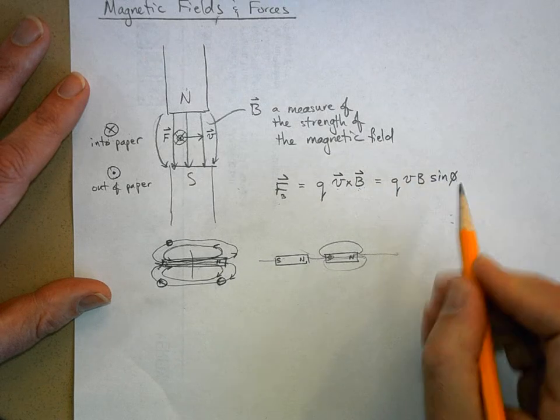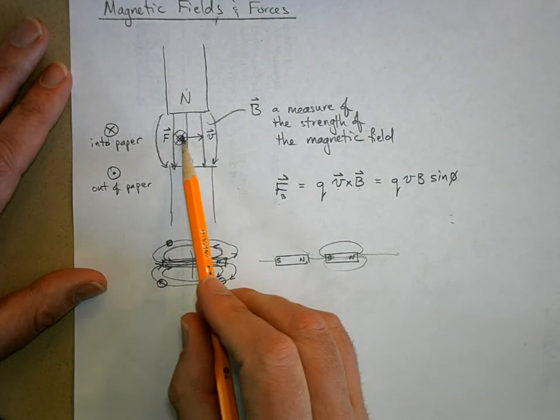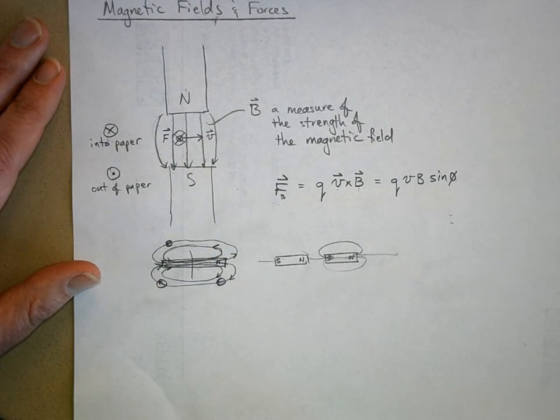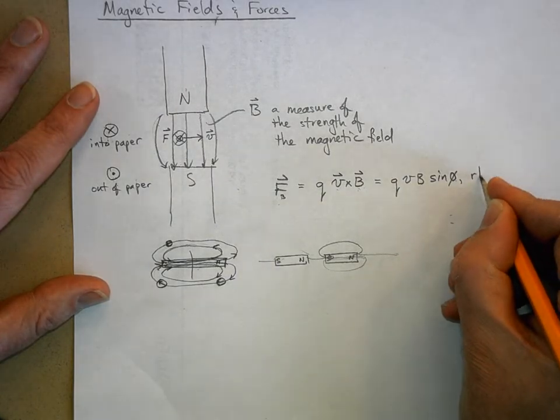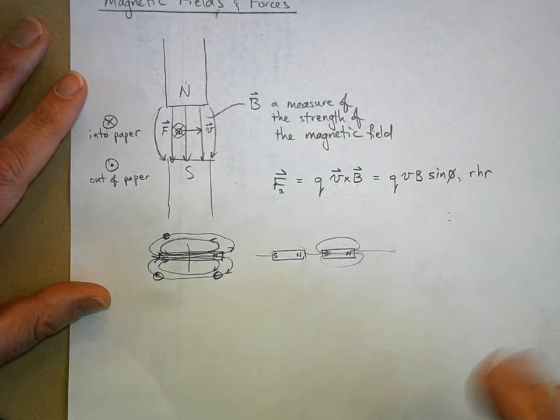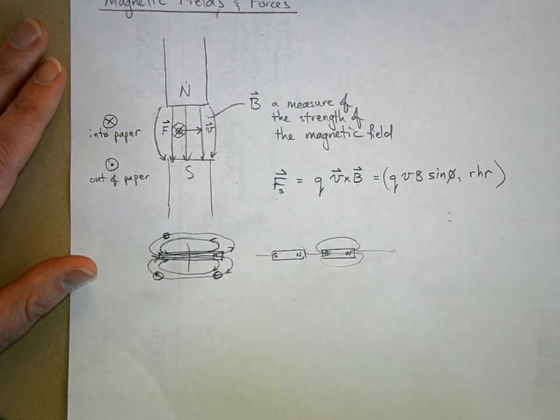Phi is the angle between the tail of your velocity vector and the tail of the magnetic field vector. And what's the direction? RHR. What does RHR stand for? Right-hand rule. You have to use the right-hand rule to figure out the direction.